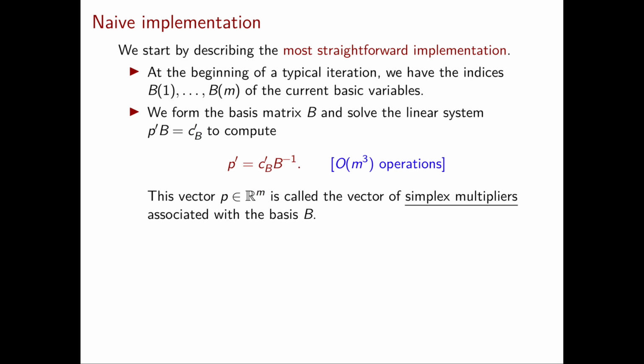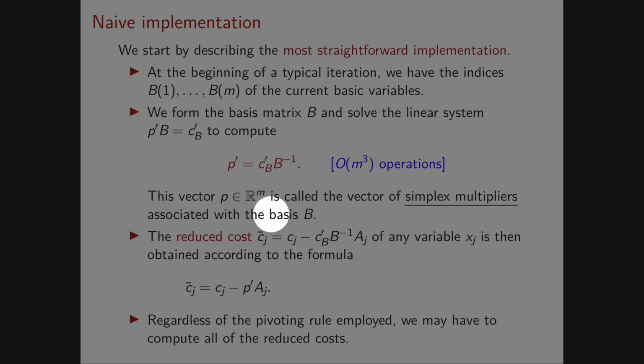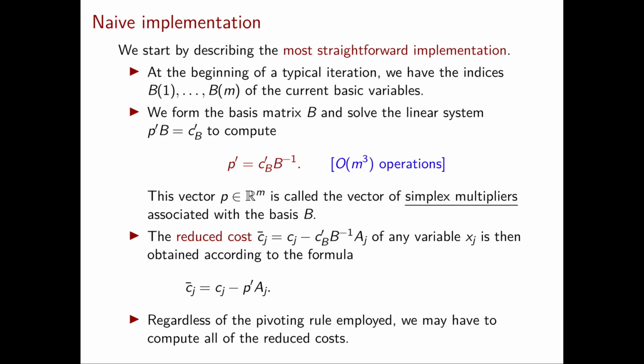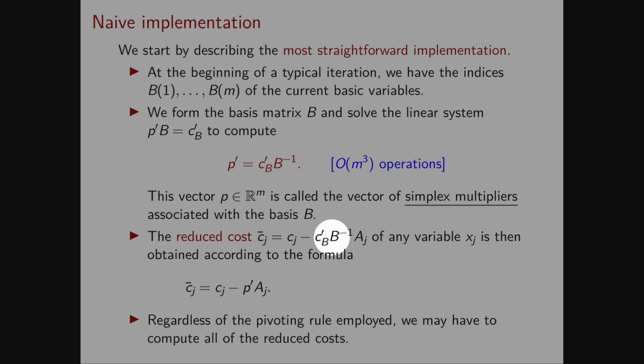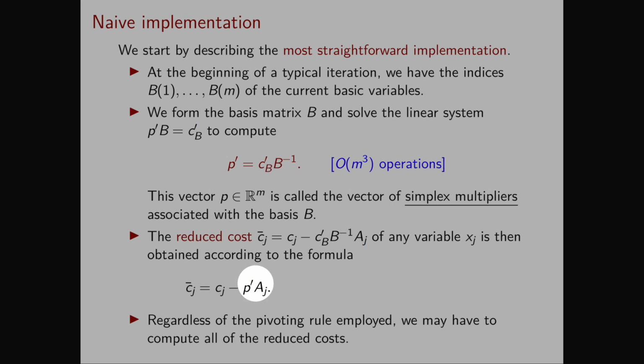Now we're ready to compute the reduced costs. Our formula for the reduced costs is c bar j equal to cj minus cB transpose B inverse Aj. Now that we have calculated the vector of simplex multipliers, we can substitute cB transpose B inverse with p transpose and obtain this simpler formula.